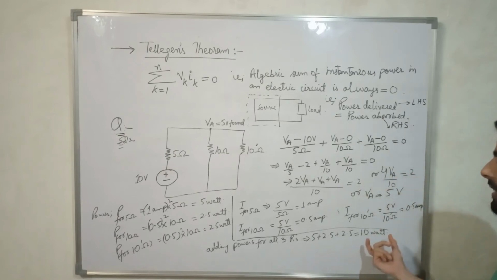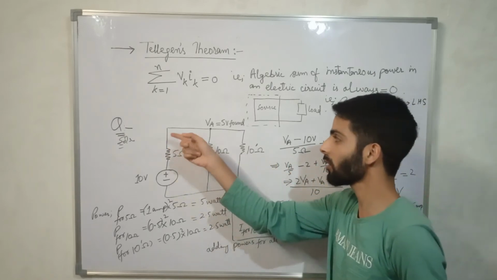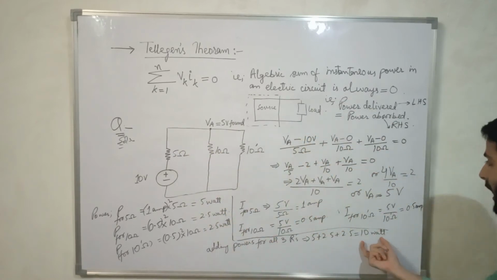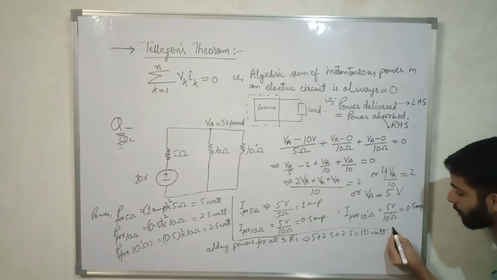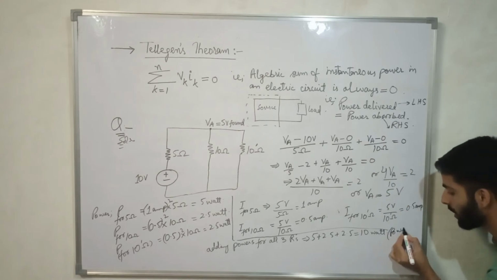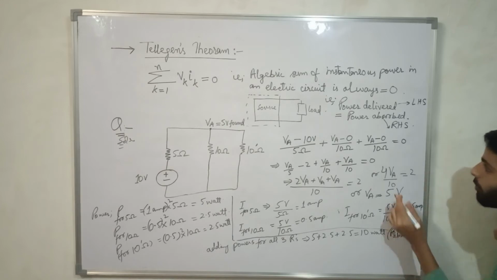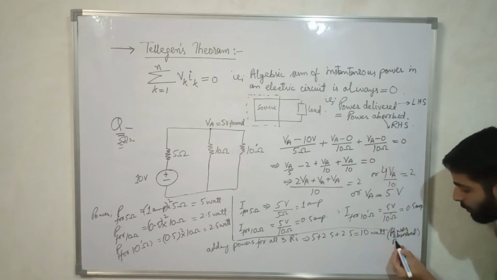The powers for all three resistances, that is the combined load, is 10 watt. So power absorbed is the RHS. We have found the RHS.